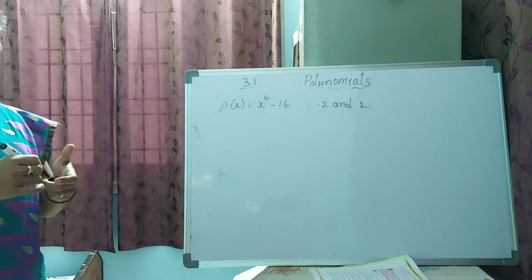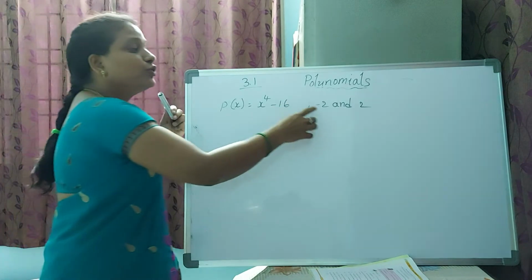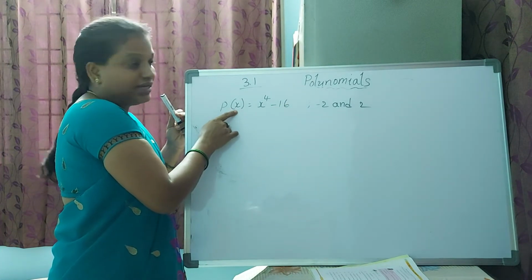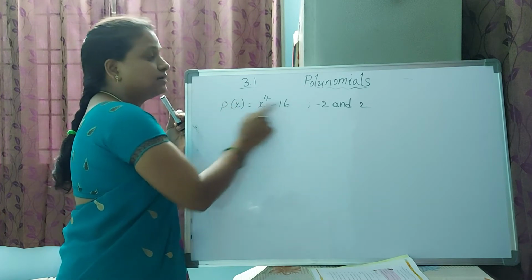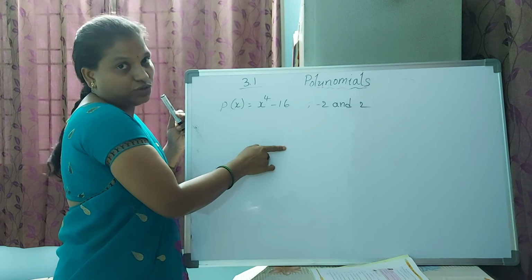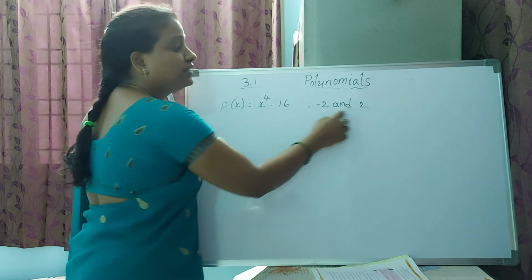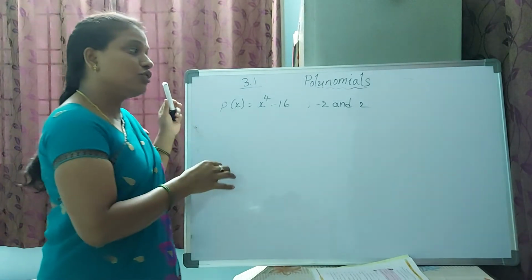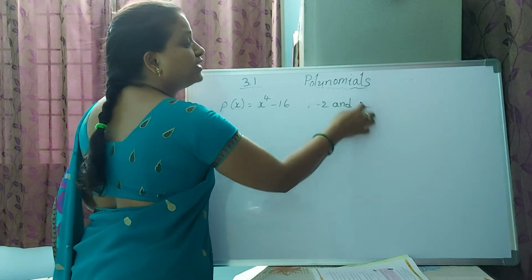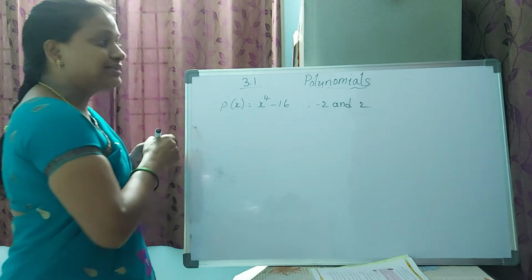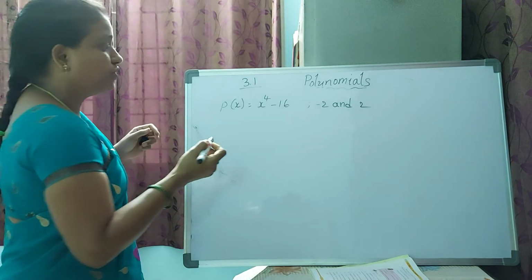Are the zeros of the polynomial means if you replace this x by minus 2, you will get the equation equal to 0. If you get like that, we call these two the zeros of the polynomial. If you get 0, that means minus 2 and 2 are the zeros of this polynomial P of x. Let us see whether it comes 0 or not.